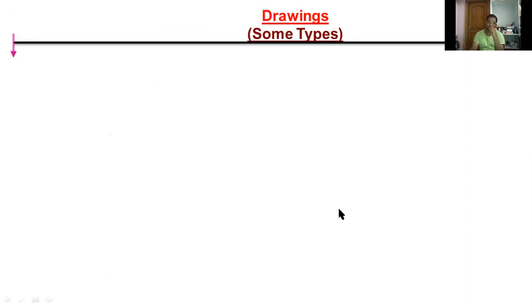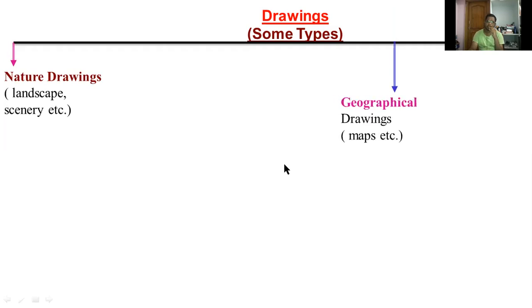Now I will explain some basic types of drawings. The first one is nature drawings. For example, if you want to draw landscape diagrams or scenery diagrams, those come under nature drawings. If you want to draw maps, that is the India map or world map, those come under geographical drawings.